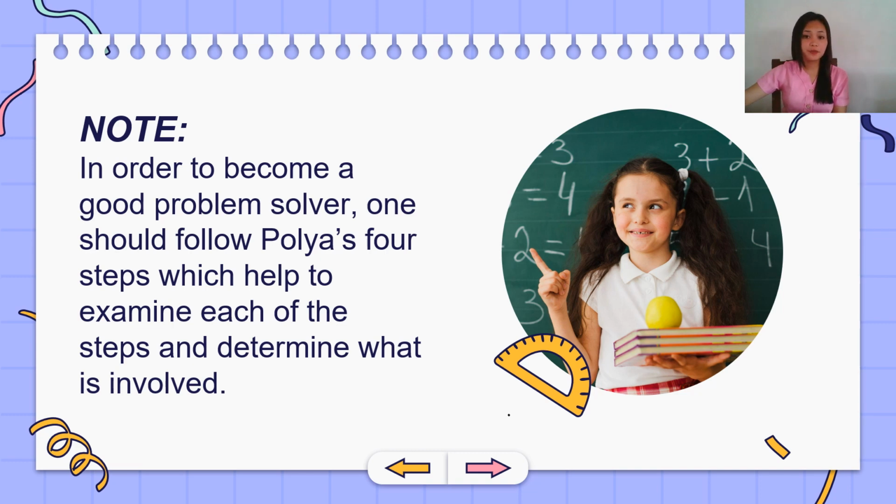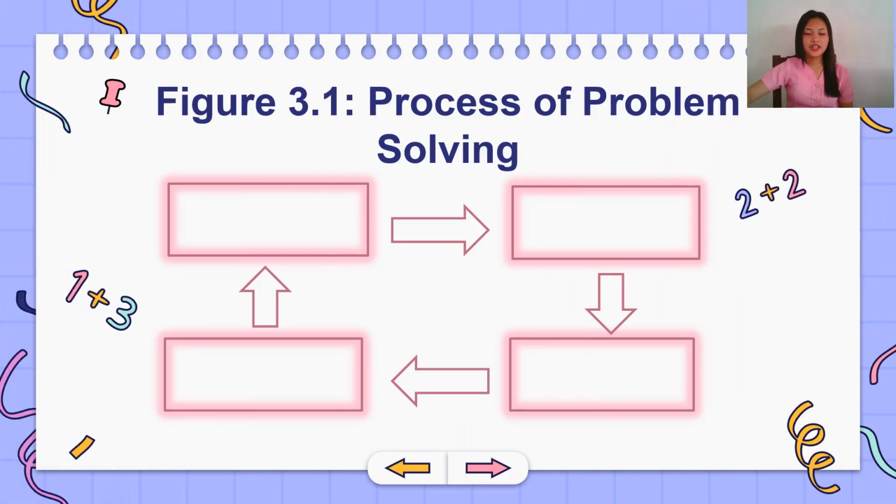Usually, a mathematical problem is presented in words, whether orally or written. We will solve the mathematical problems using mathematical symbols and then interpret the answer. This is summarized in Figure 3.1, Process of Problem Solving.